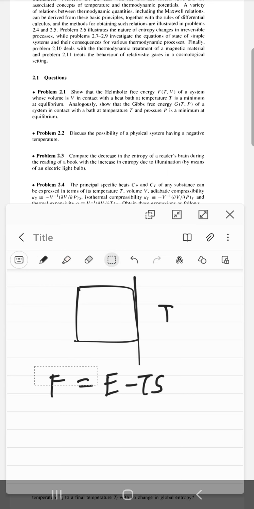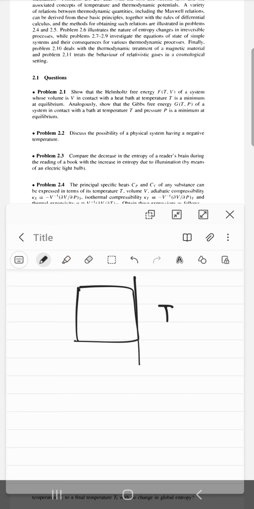The way we will show that is that any quasi-static process from that equilibrium point should necessarily have its entropy change being less than or equal to 0, so a decrease in entropy, or it should be equal to 0.